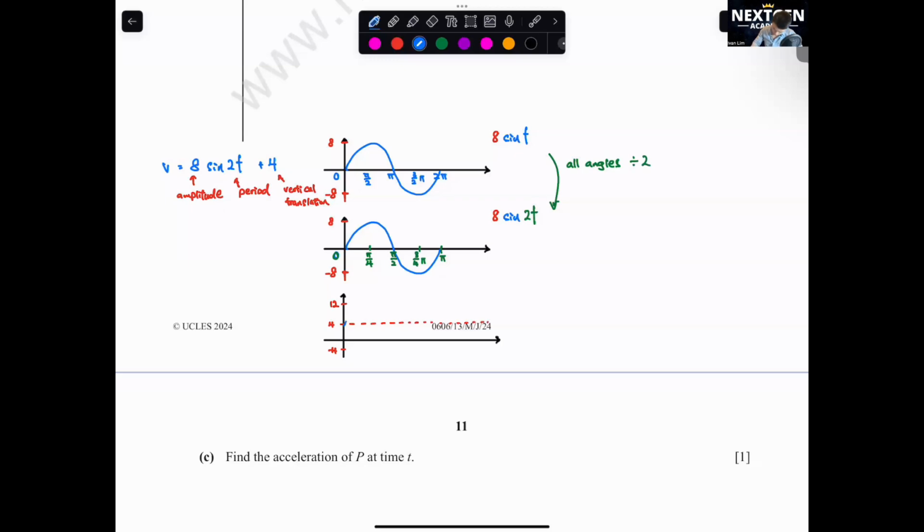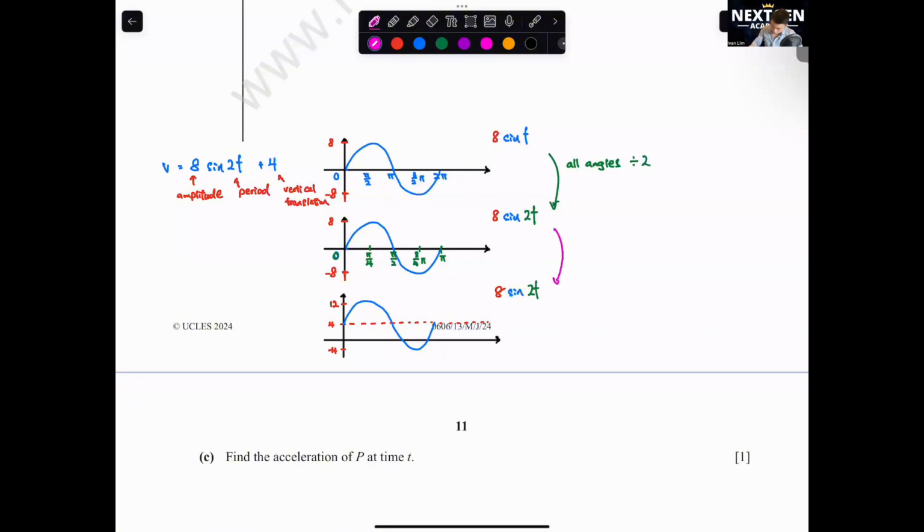So my graph will look something like this. These 2 points we have to find also. Everyone understand from here? So the third one is 8 sine 2t.